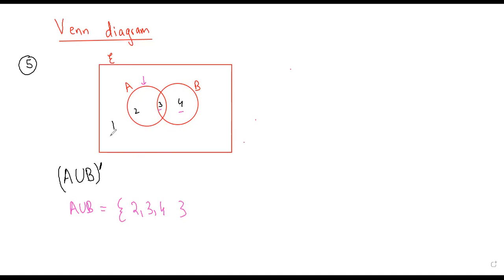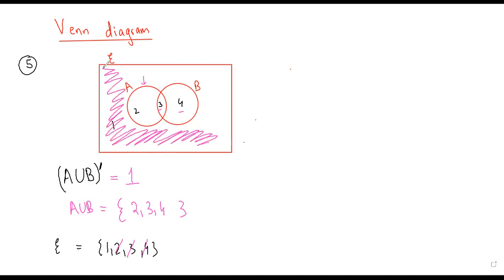Now the complement will have all the elements of the universal set except the elements of A union B. This is what you need to understand. Which elements do you have in the universal set? In the universal set we have 1 2 3 4. If I talk about A union B whole complement, first I will cancel the elements 2 3 and 4 from the universal set. I am left with 1. It means in A union B whole complement I have 1 only. So the region that will be shaded is all the region except A and B. A and B will not be shaded, everything else will be shaded. This is how it is going to be. Are we good with the idea now?